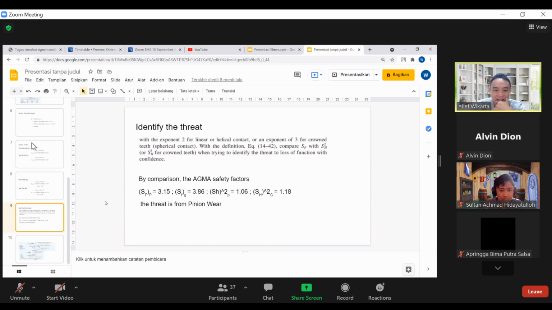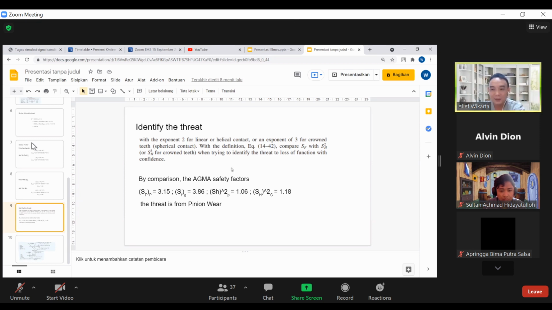I still didn't get where it is more dangerous than bending, sir. Why? I didn't get your interpretation before.